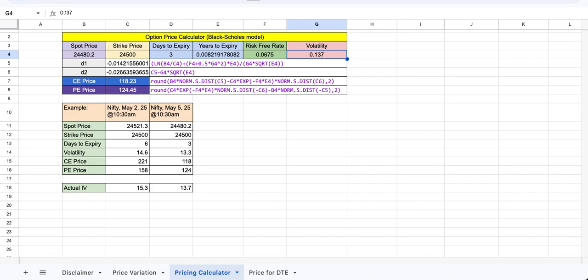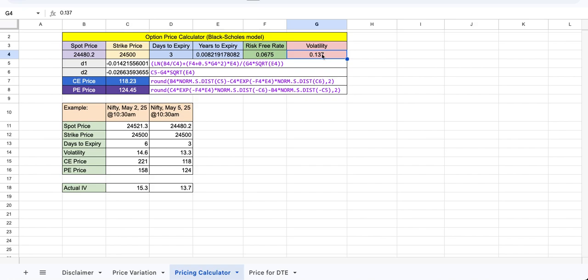That means in a year it can fluctuate by 13.7%, 0.137 meaning 13.7%. What can fluctuate? The underlying, the Nifty, not the option. So the Nifty can fluctuate within that on a yearly basis.